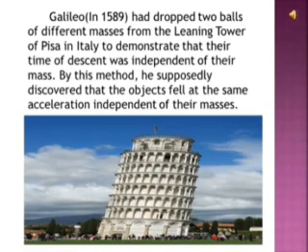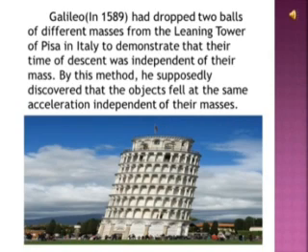Galileo had dropped two balls of different masses from the Leaning Tower of Pisa to demonstrate that their time of descent was independent of their masses. What do you mean by time of descent? It is the time taken by a freely falling body to reach the ground. By this method, he supposedly discovered that the objects fell at the same acceleration independent of their masses.